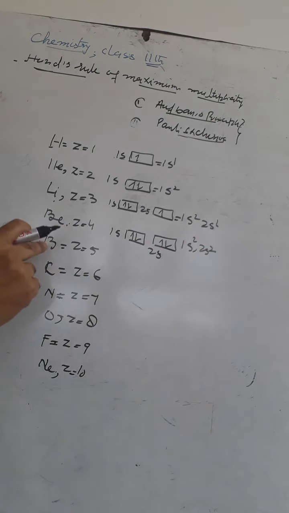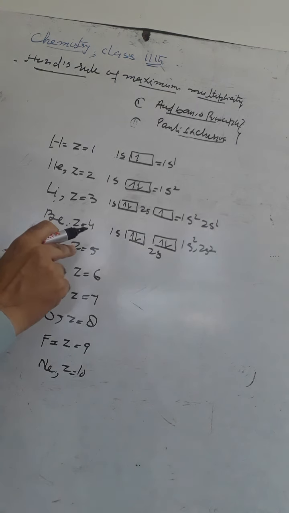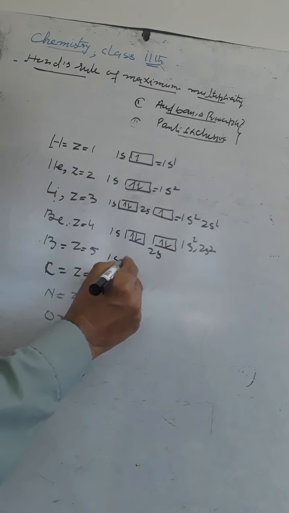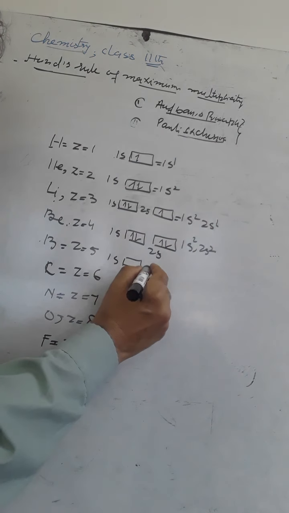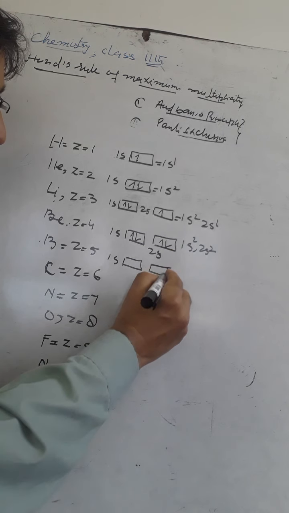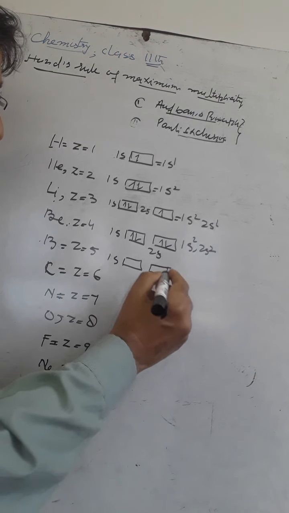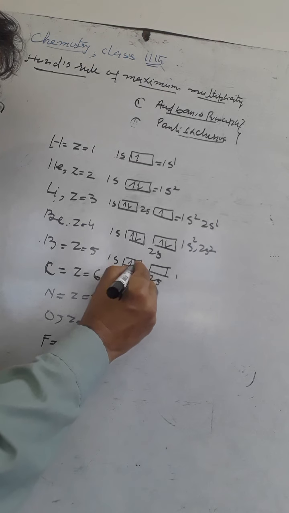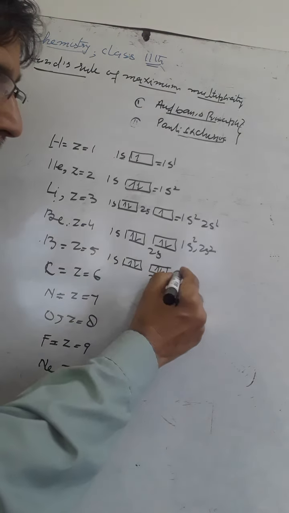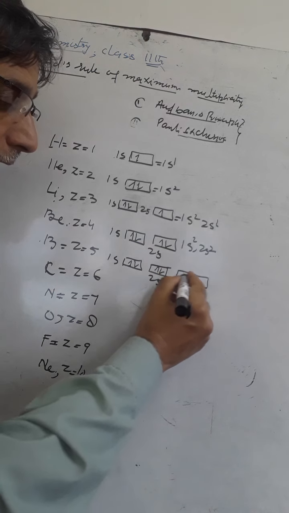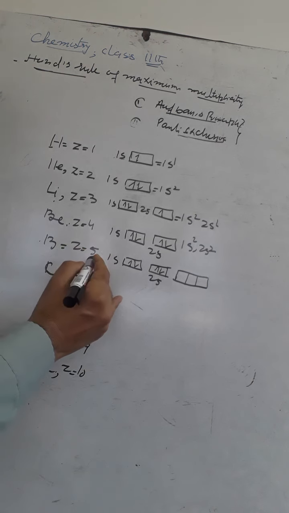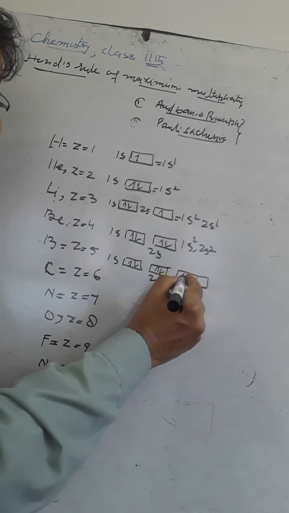After that we have boron. Now here we will get the involvement of the p subshell. 1s with one box, 2s with one box, with two electrons each, and it has five electrons. That means we get the involvement of the p subshell with three orbitals. Now the fifth electron goes to 2p.